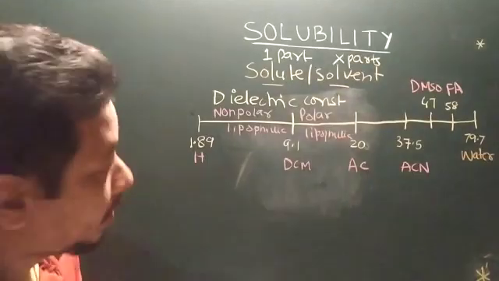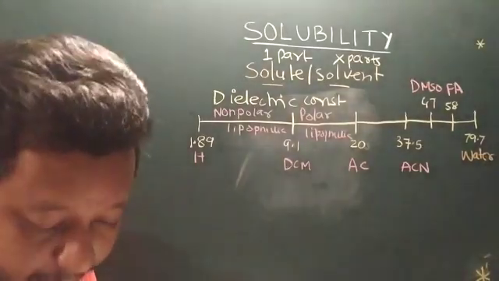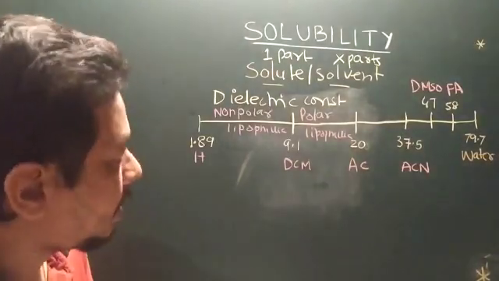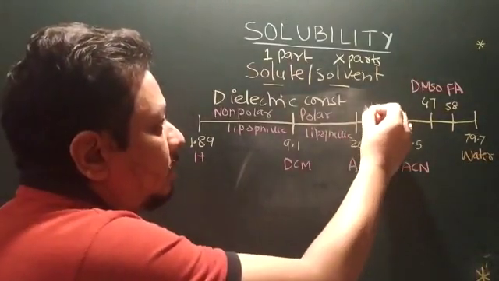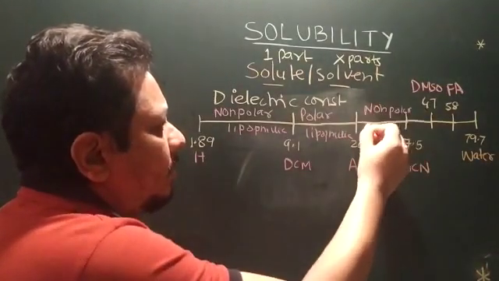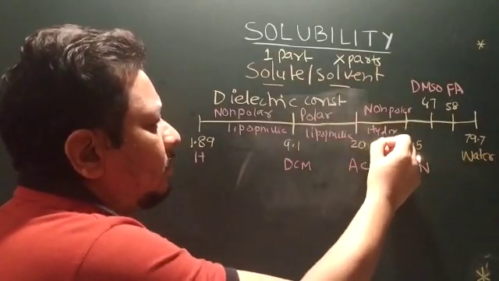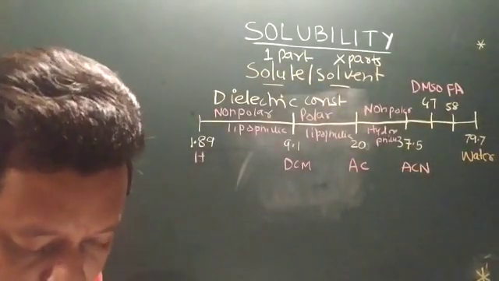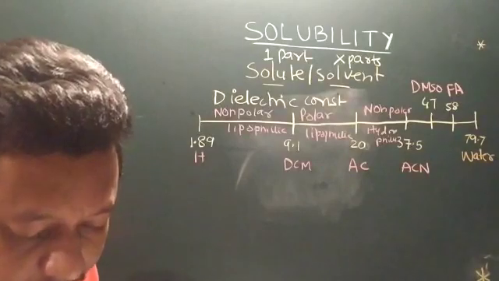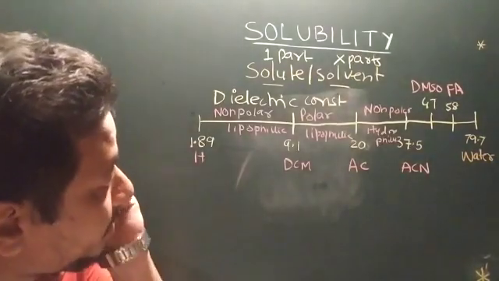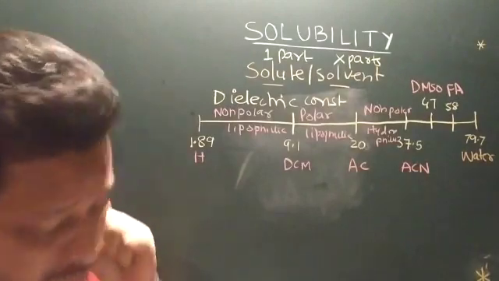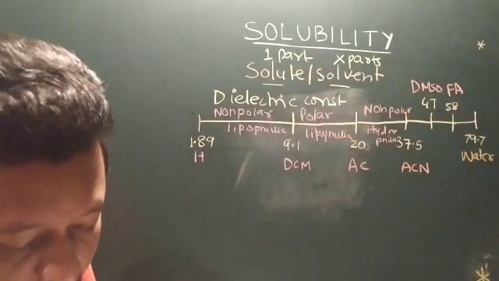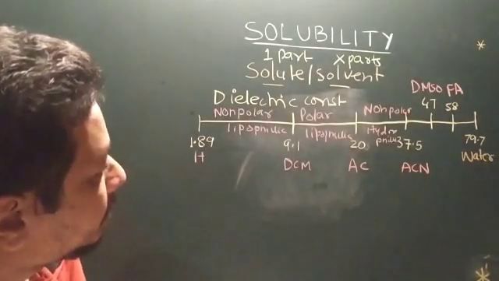Then you have 20 to 37.5. After polar lipophilic, it is non-polar hydrophilic. Non-polar, but hydrophilic.